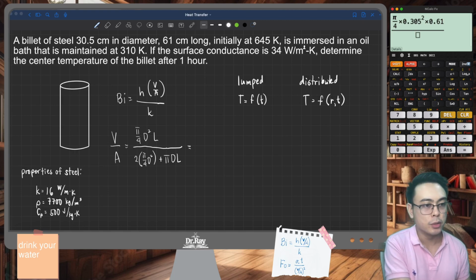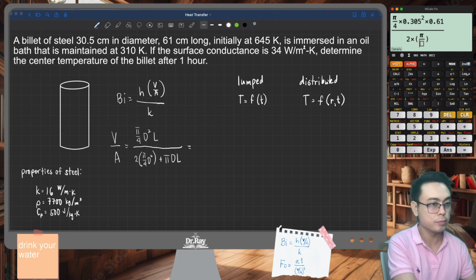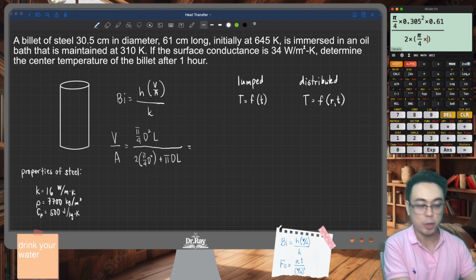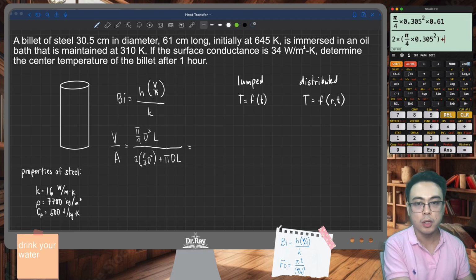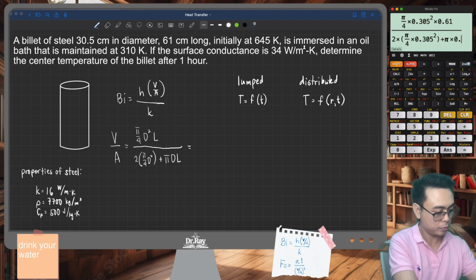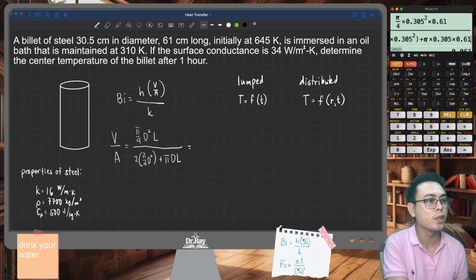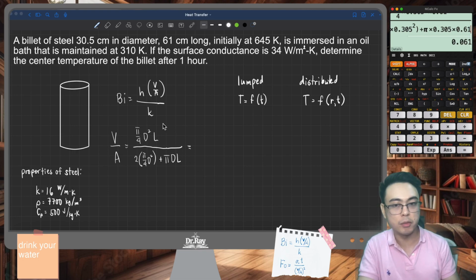Divided by the total surface area. So that would be 2 times pi over 4 times diameter squared plus pi dl. I'm getting a value of 0.061 meters.